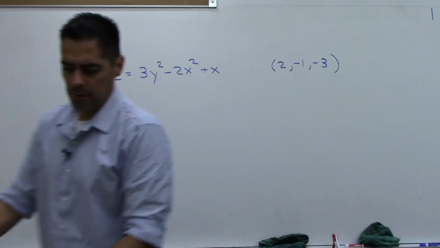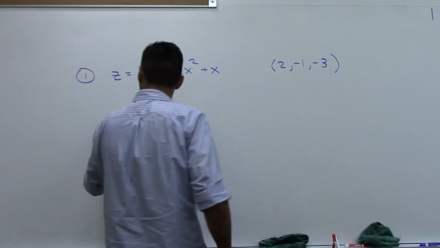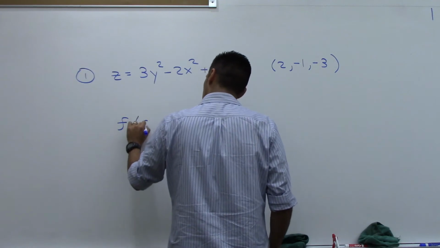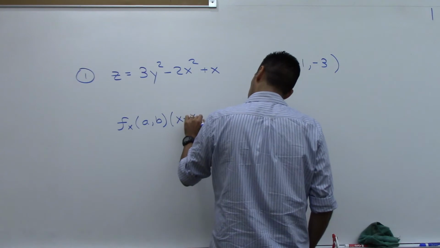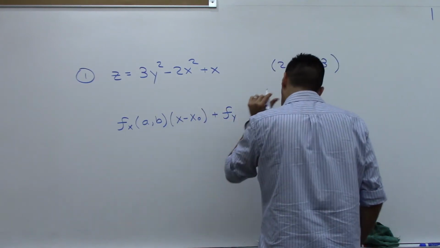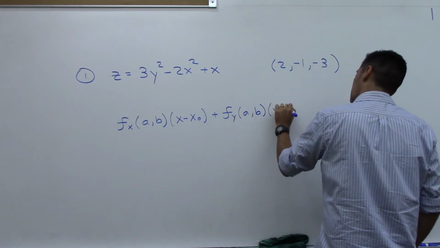All right, so first things first, we're going to make sure we understand the formula. The formula is going to be the partial of f with respect to x at a, b times x minus x naught plus partial f with respect to y at a, b, y minus y naught.